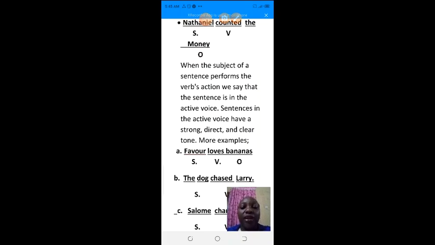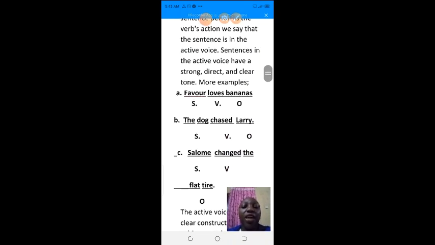More examples: Favor loves bananas. Favor is the subject. Loves is the singular verb in the present tense. Remember, I told you that when a verb is singular, it carries S. And we use a singular verb for a singular subject.